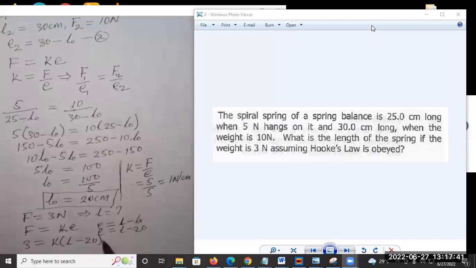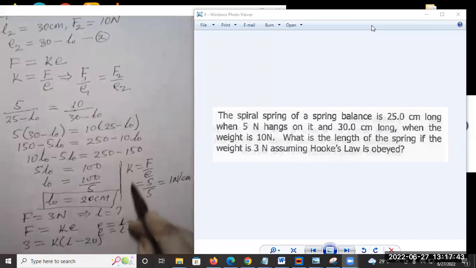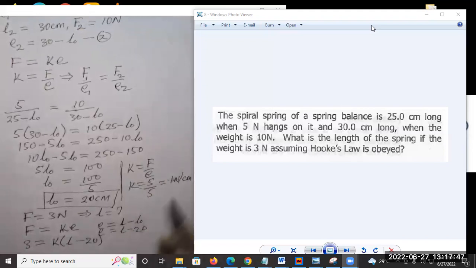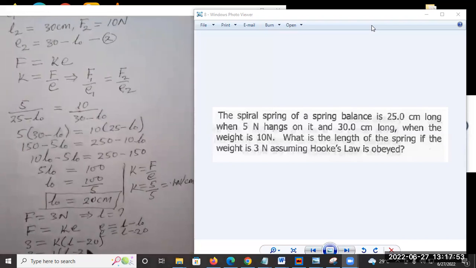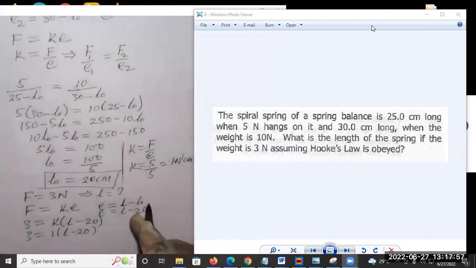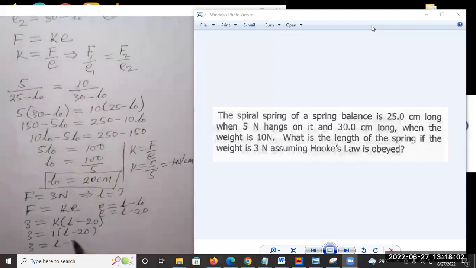Moving back to this equation, bringing in the K we obtained, which is 1, we have 3 equals 1 bracket L minus 20.